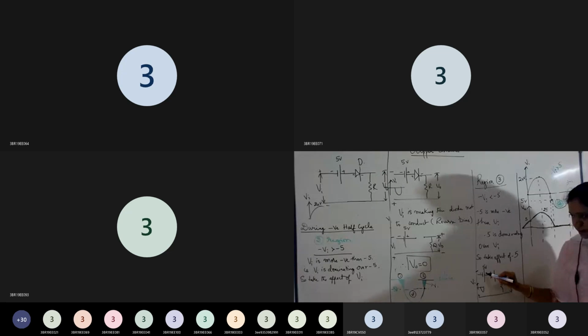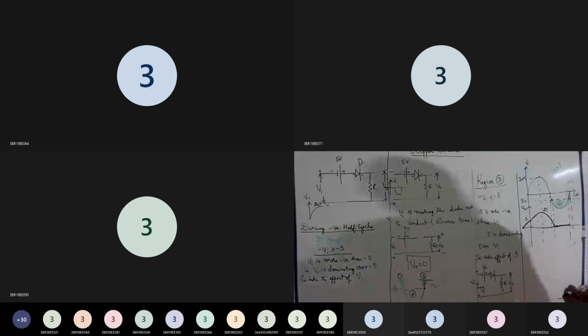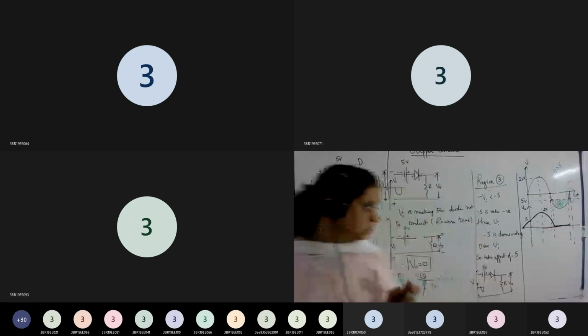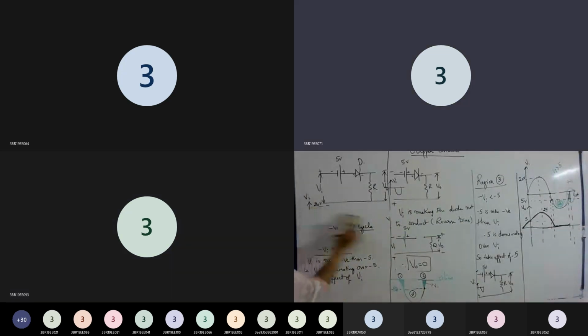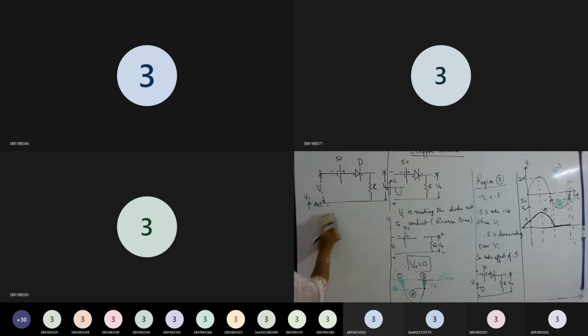Positive of the 5 volt battery is connected to positive of the diode. So what will happen to the diode? It will conduct, short circuit. So the 5 volt battery will make the diode conduct.